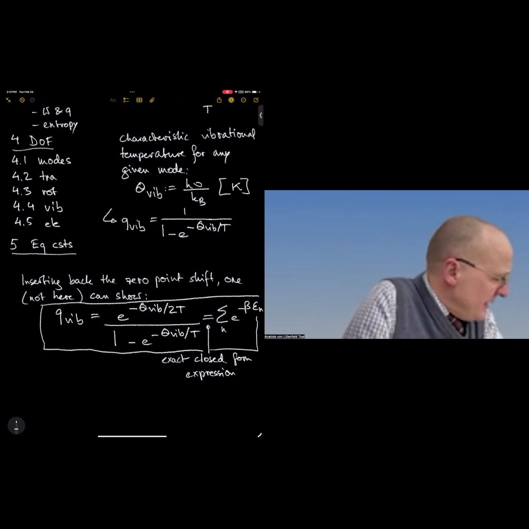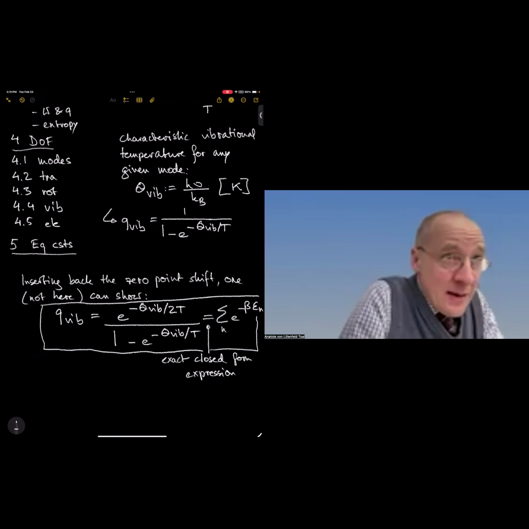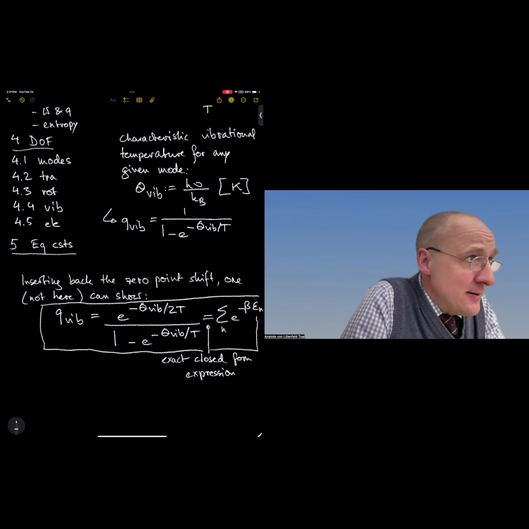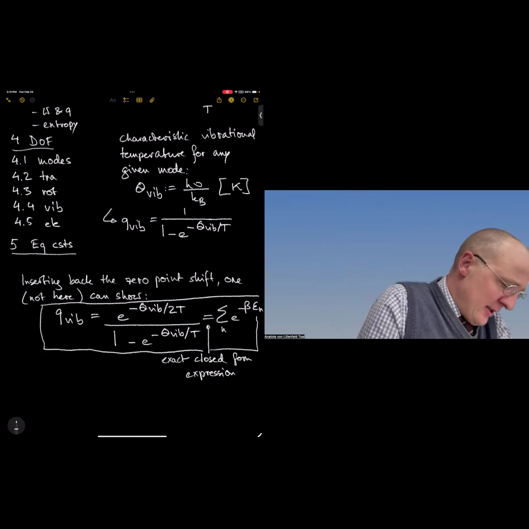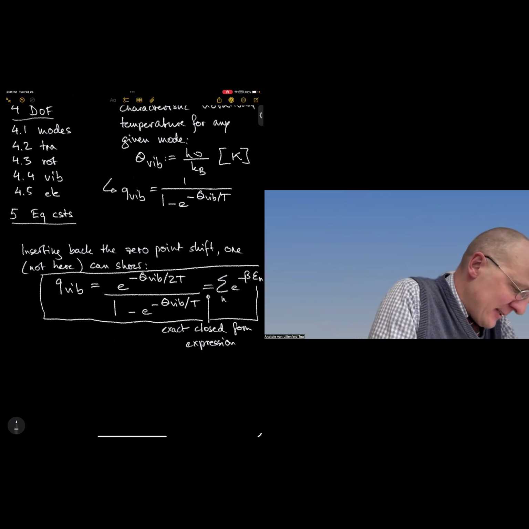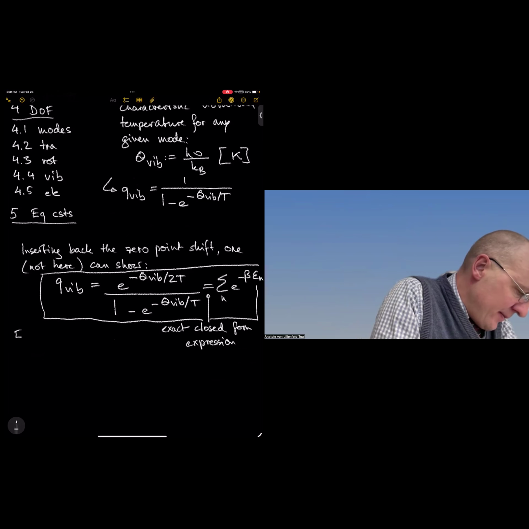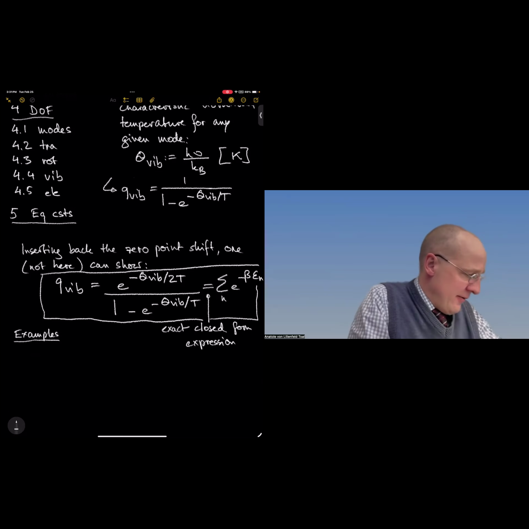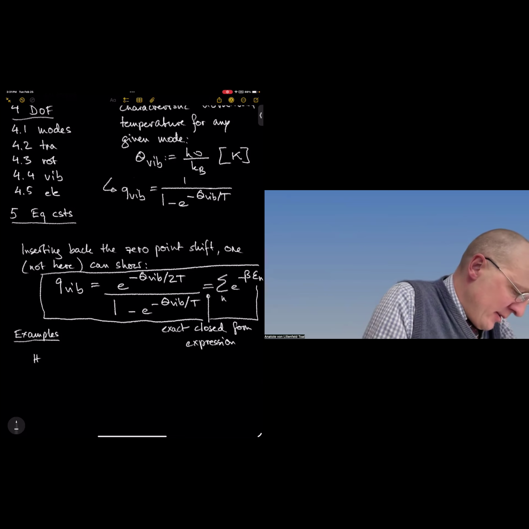Now, these characteristic temperatures, of course, can be measured, right, from the vibrational frequency. And you would find for a couple of diatomics the following values. So for H2, your theta vib in Kelvin would be 5,987.